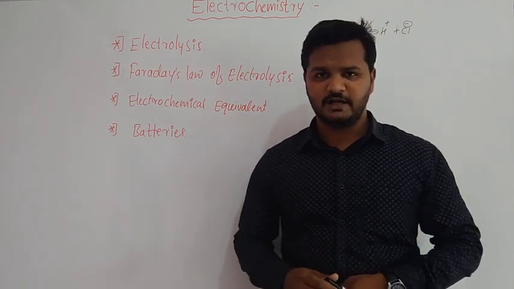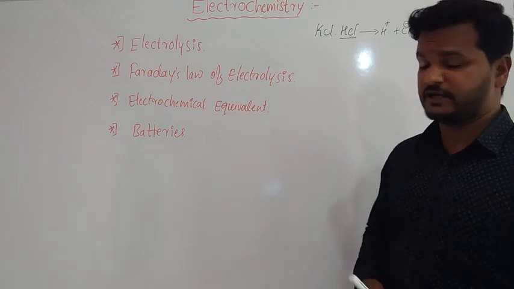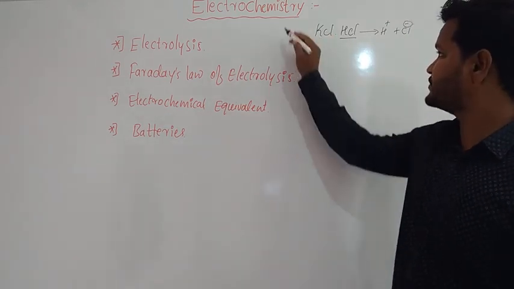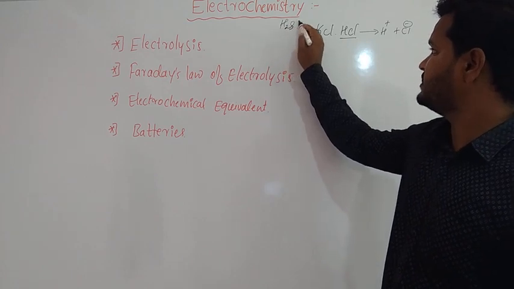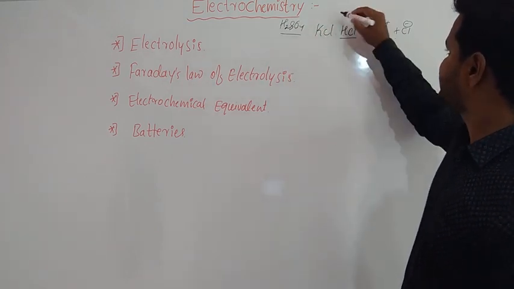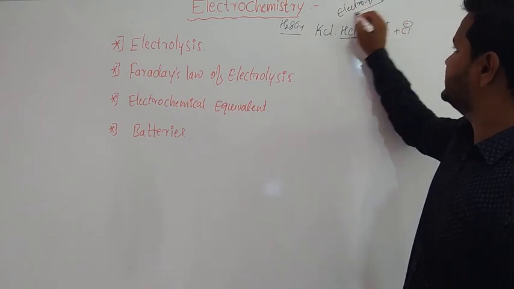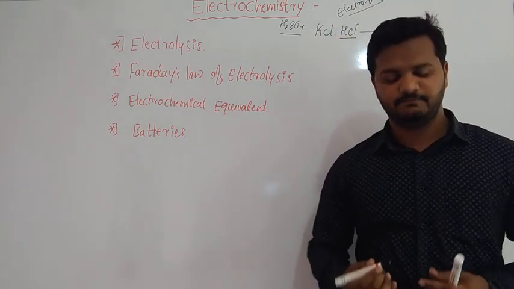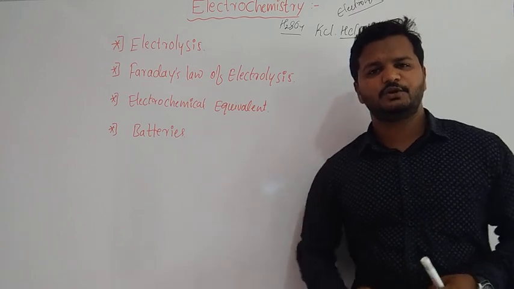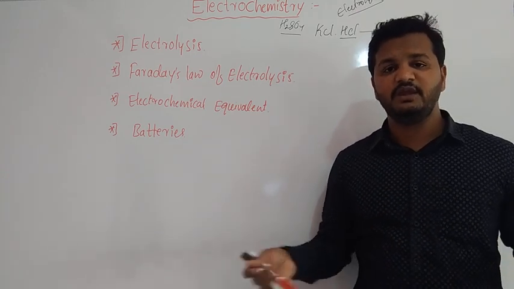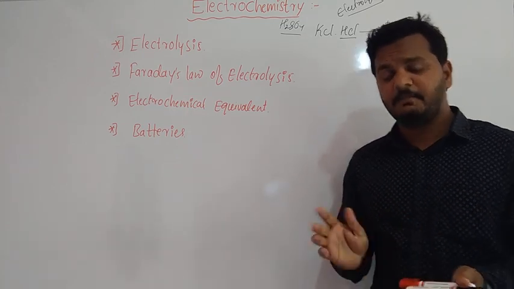HCl, KCl, H2SO4 and HNO3 are strong electrolytes, meaning they dissociate completely. And a weak electrolyte dissociates only partially.